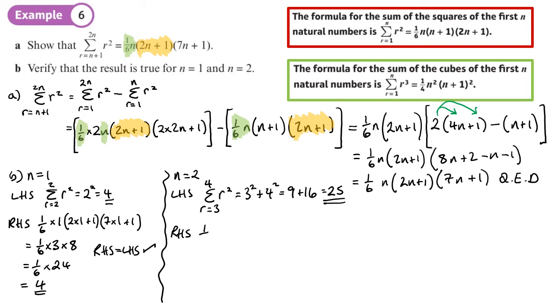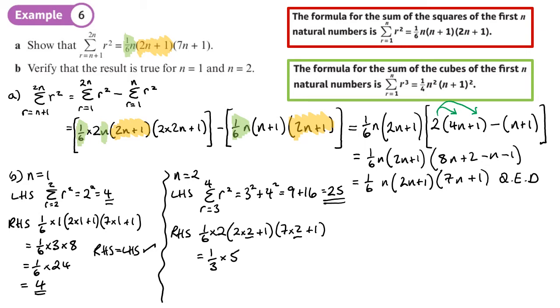So it's going to be a 6 times by 2 times 2, there's my n plus 1, times by 7 times 2 plus 1. So if I work that out, 2 over 6, that's a third. Then in the first bracket, I'll get 5.